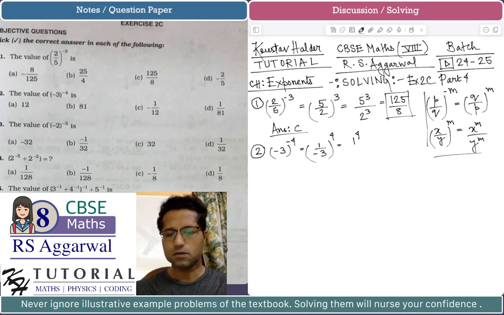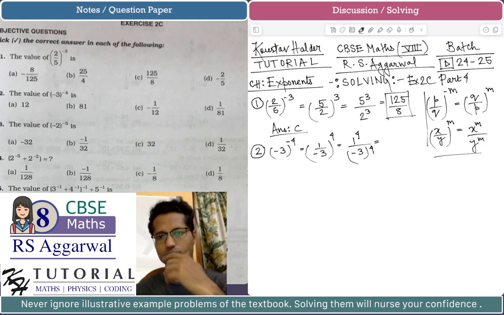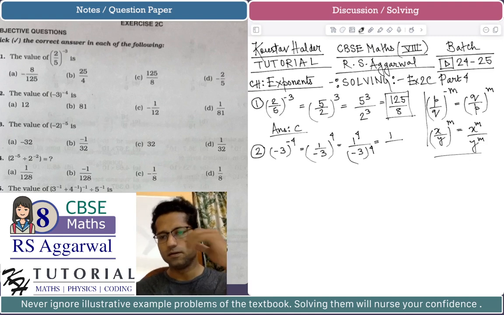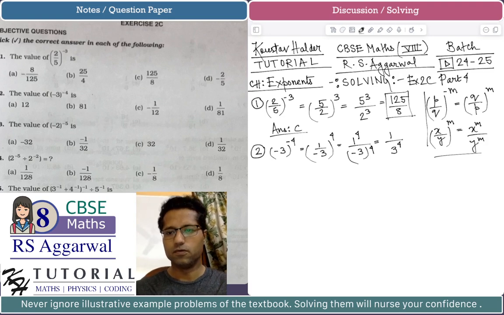So this will be 1 to the power 4 divided by minus 3 raised to the power 4. Now any power of 1 is always 1. So 1 divided by, in the denominator the base is negative, minus 3, and the power is even, so this will be 3 to the power 4.